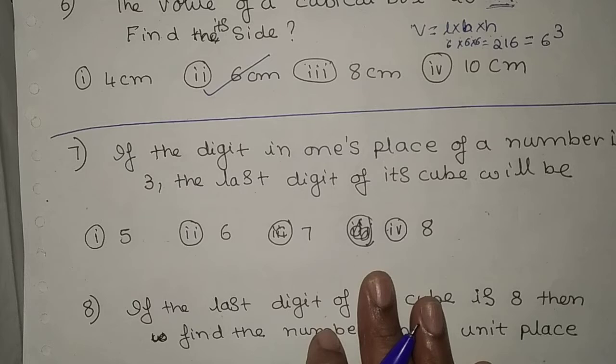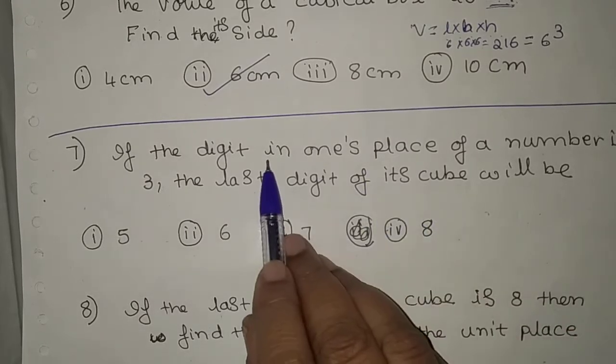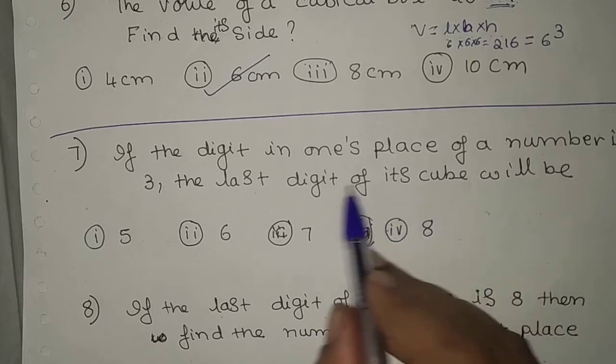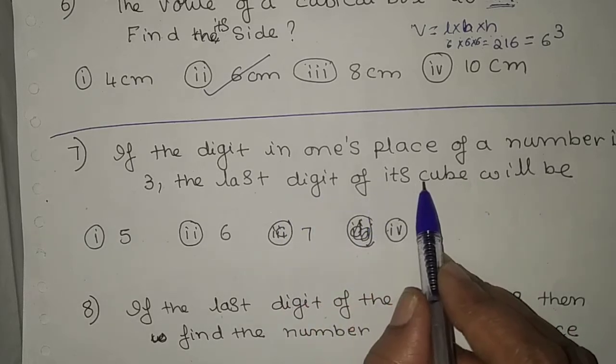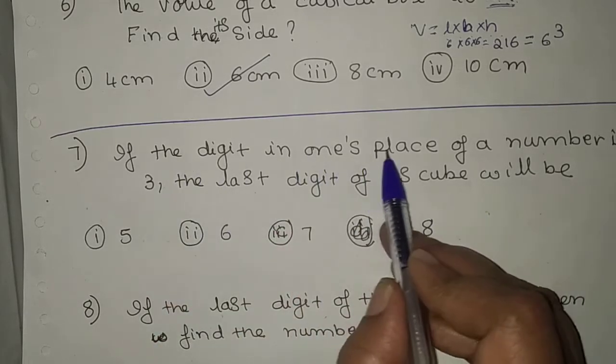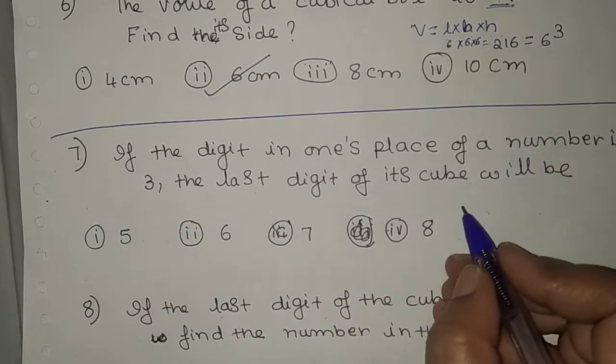So now we move on to the 7th problem. If the digit in the ones place of a number is 3, the last digit of its cube will be? As we know, they have given the ones place number, that is 3.